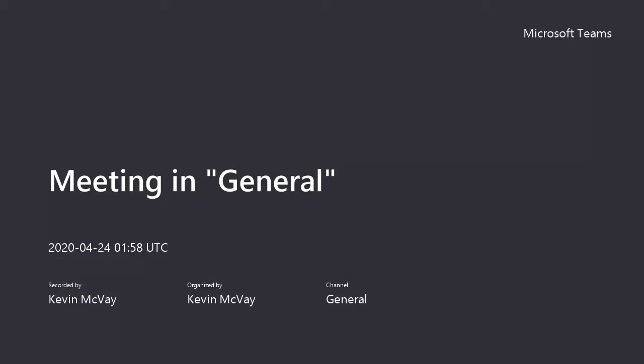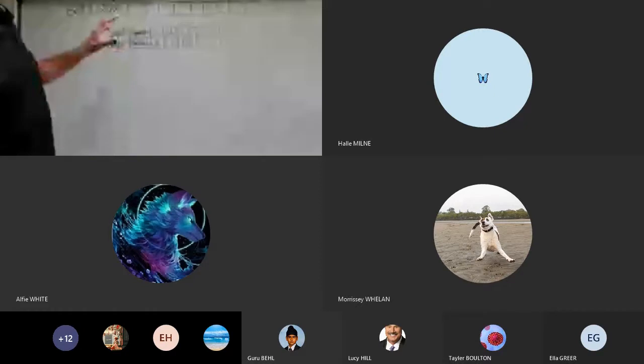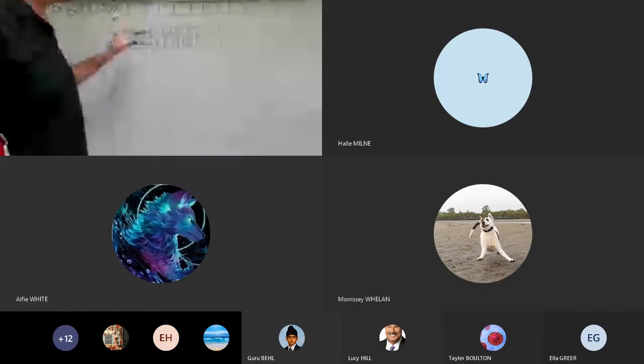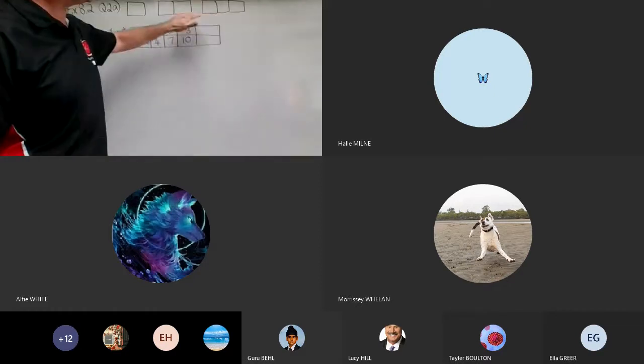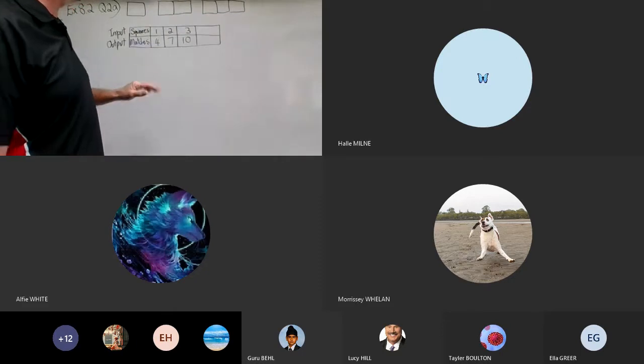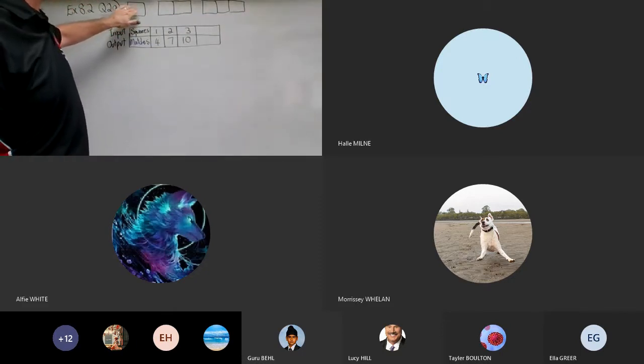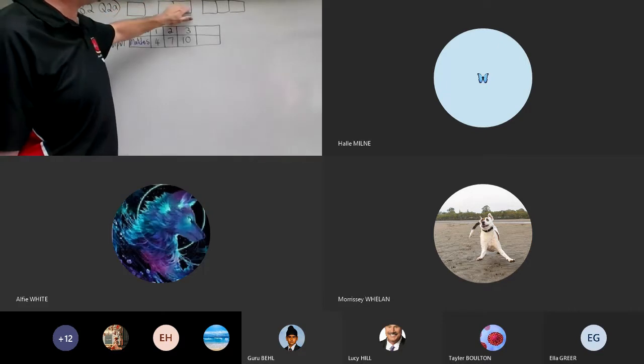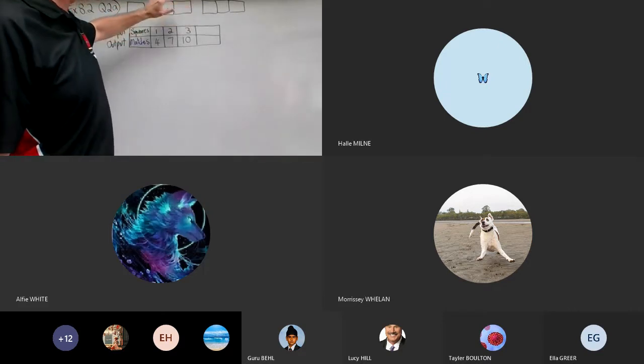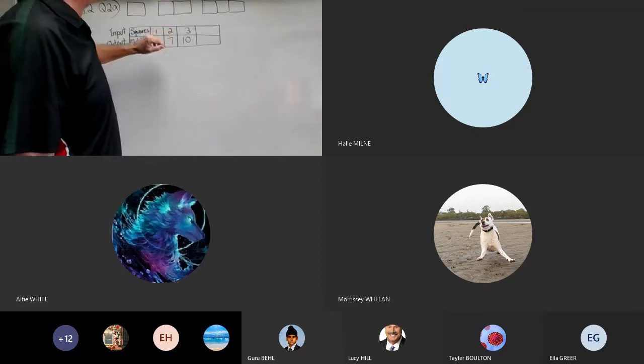Now, what I'm doing here is we're going to look at a problem where it asks you to create a rule. The rule we're going to try and find here is for how many squares do we need how many matches.